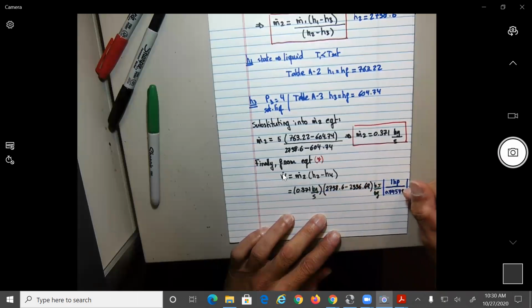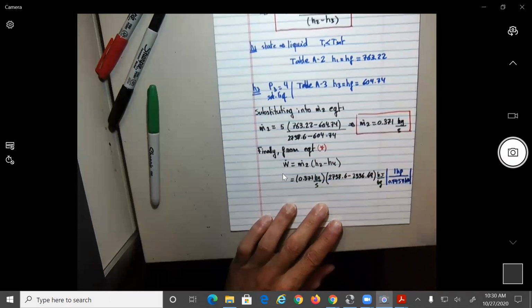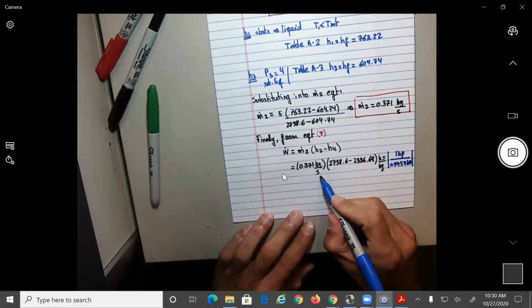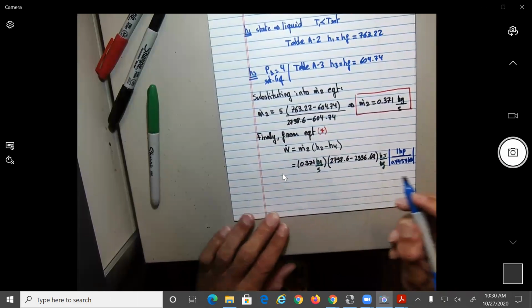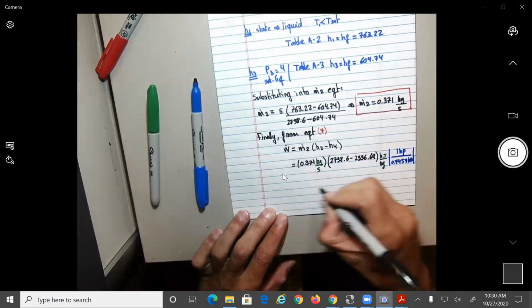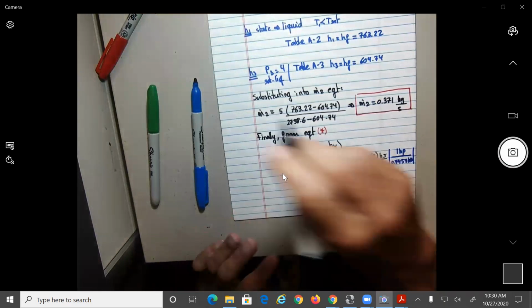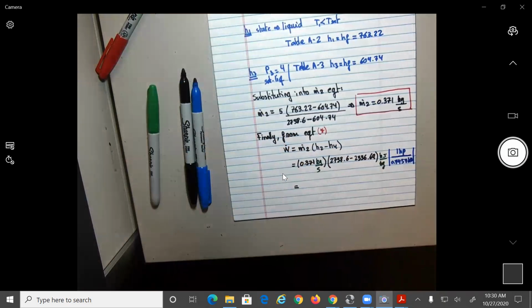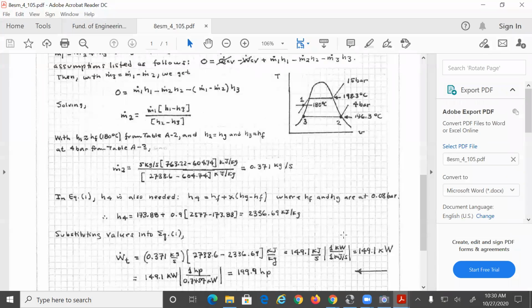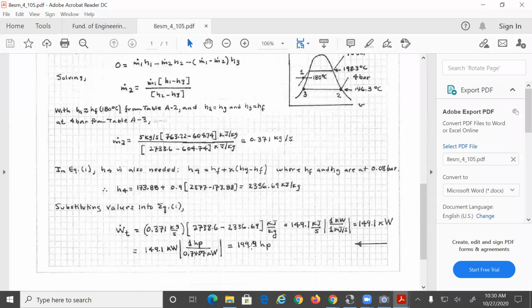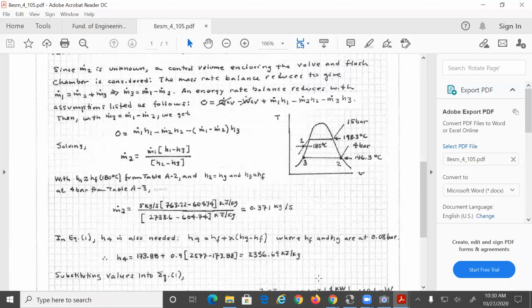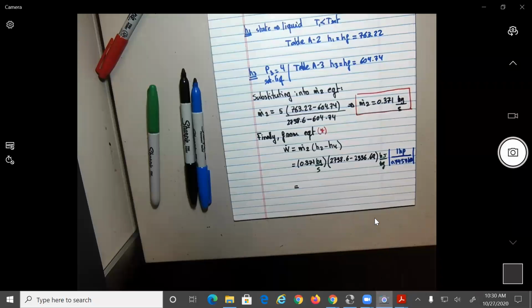Correct, because a kilojoule per second is a kilowatt. Okay? So you do this unit transformation, do the calculation, and check. If we didn't do anything wrong, this should give you about 200 horsepower, 199.9. Okay? Is that what you get? Go and check, please.